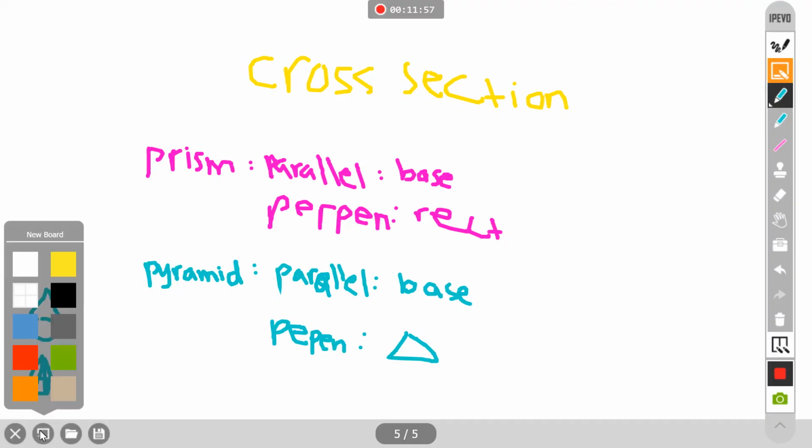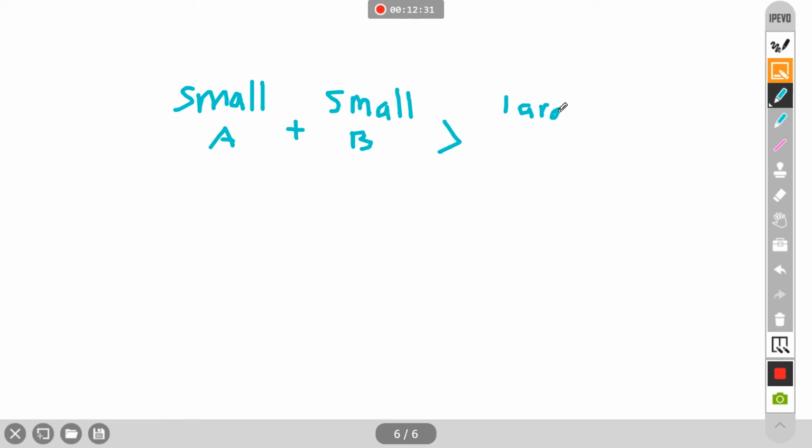We talked about how if you take the two smallest sides, so you have three sides, the two smallest, we'll call them small a and small b, and you add them together, that measurement needs to be greater than your largest side, which we'll call large C. So if you add A and B together, your two smallest measurements, it has to be larger than your largest side.